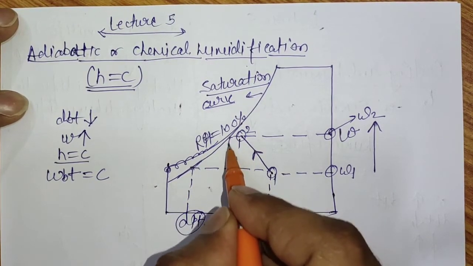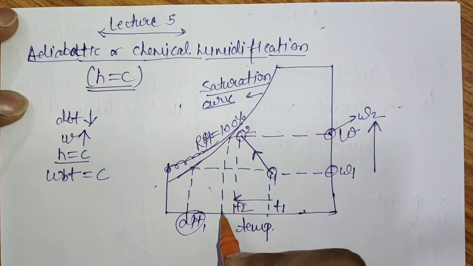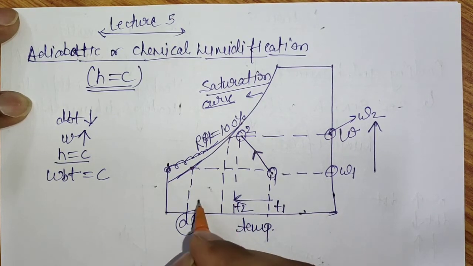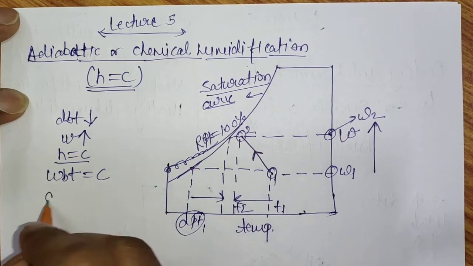Similarly, the temperature at the point where the horizontal line from state 2 touches the 100% relative humidity curve, that is the saturation curve, will be the dew point temperature at state 2. Therefore we can see that the dew point temperature is increasing.